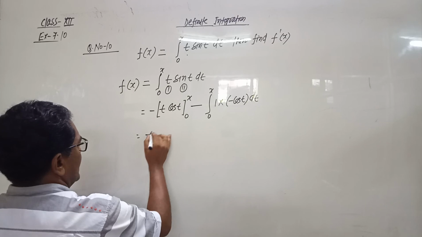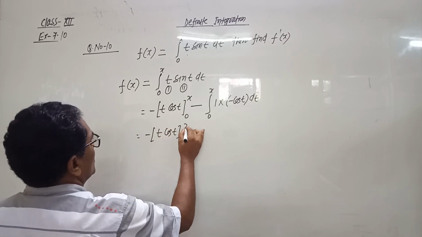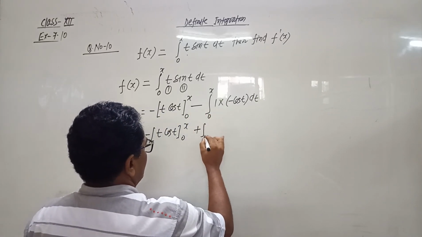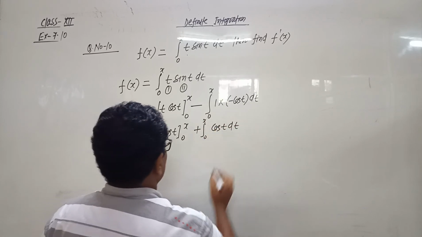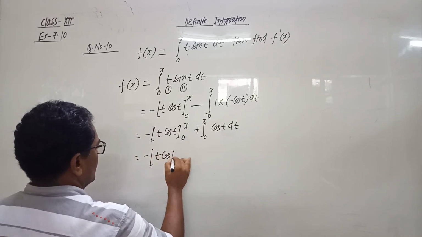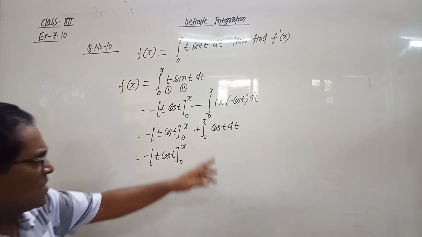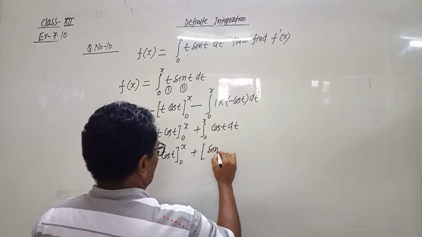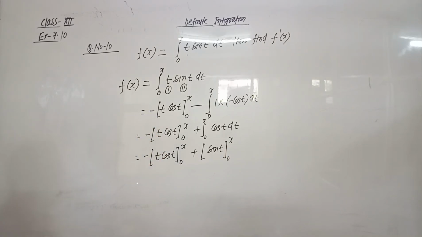So we get minus t cos t and limit from 0 to x. Minus minus becomes plus. Integration 0 to x of cos t dt. So minus t cos t limit from 0 to x, and integration of cos t is sin t, and limit from 0 to x. Then we put the limit.